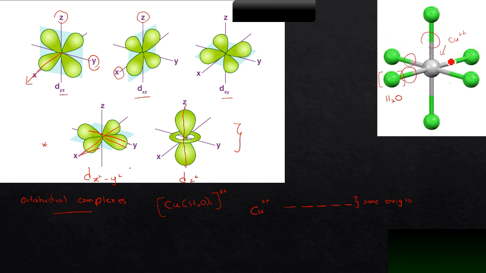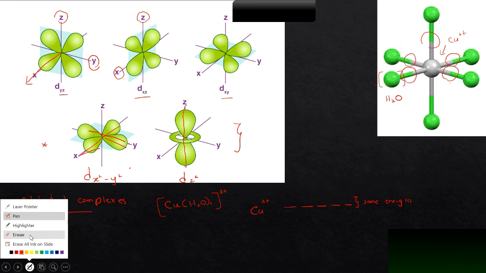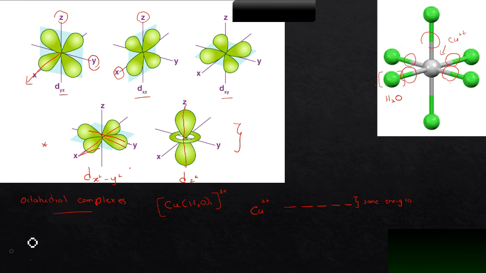If I show you the axes on this particular complex, this is going to be the x-axis, this is the y-axis, and this is the z-axis.